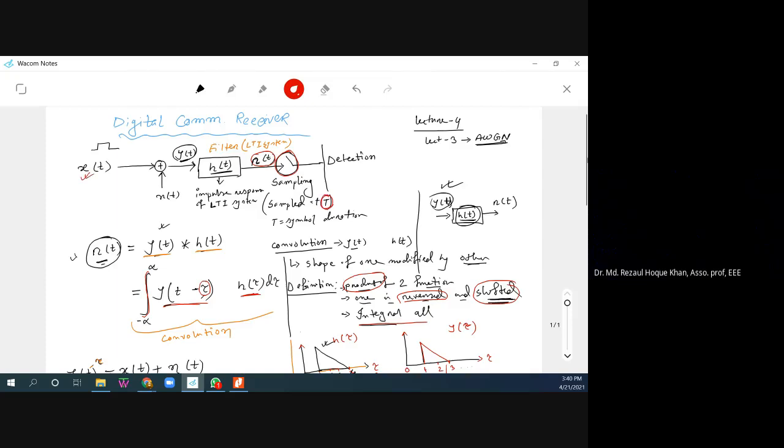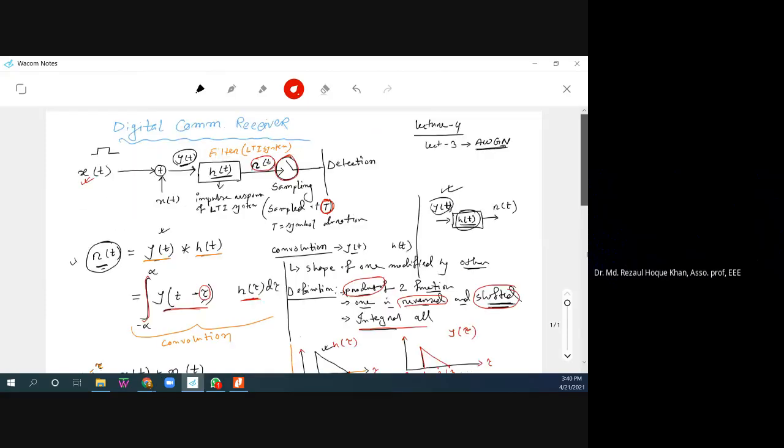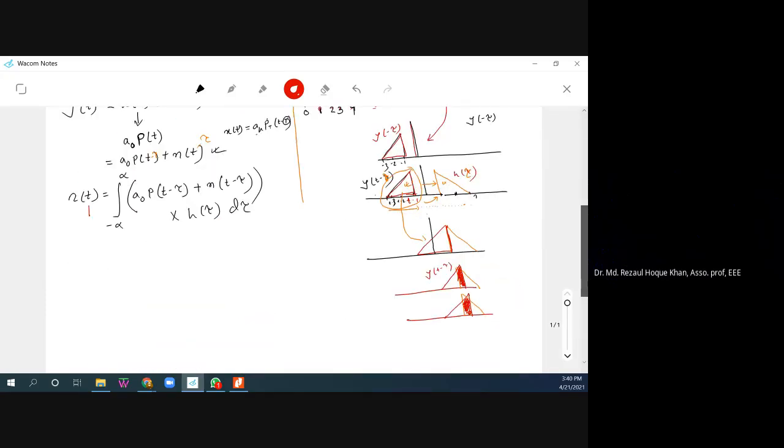So this is our sampled bit. In our case, it is sampled at T. If it's sampled at T, then r of T equals the integral from minus infinity to plus infinity of a0 p of T minus tau plus n of T minus tau, into h of tau d tau.